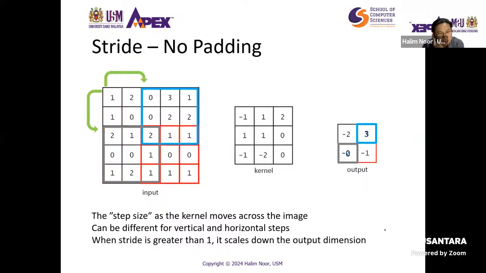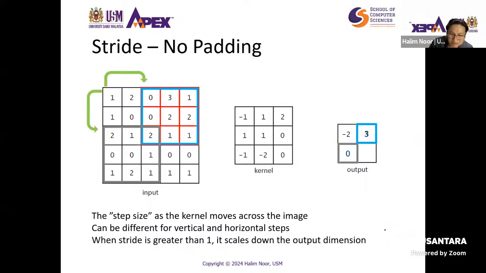Now the third one is stride. Stride is the step size as the kernel moves to the right and downward, horizontally and vertically. You can think of it like the magnitude of the movement of the filter.